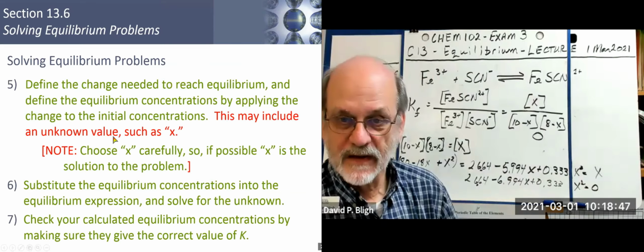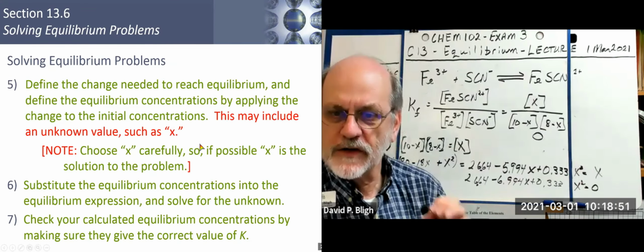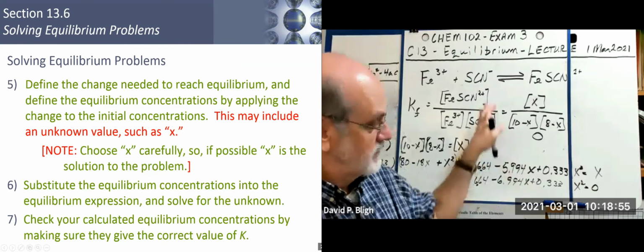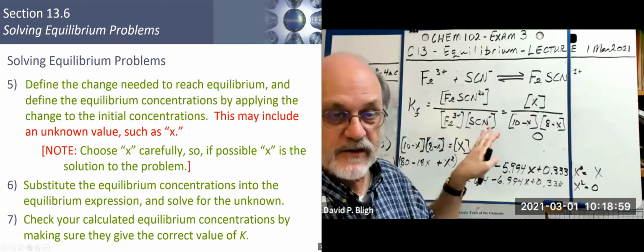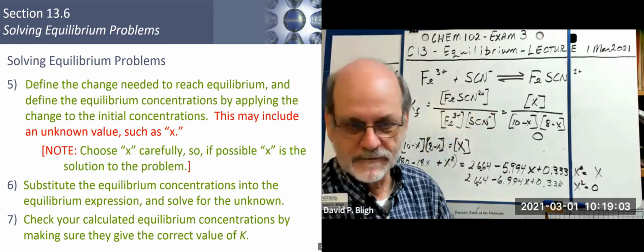All right. Then this is a statement, number 5, on choosing your X wisely. We chose X in this previous example so that when we calculated X, that would be the answer.